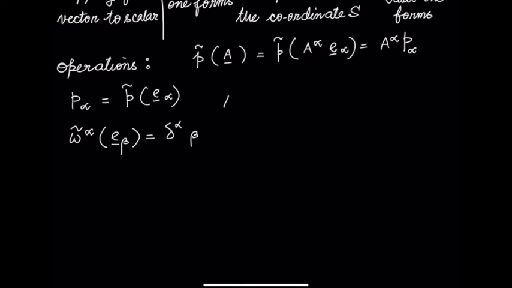Similarly, we have operation of vector on one form, that if you remember, I can write this as P alpha, and then unit one form alpha, and this is again A alpha P alpha. It obviously gives you the same thing.